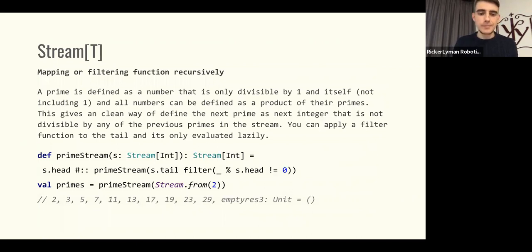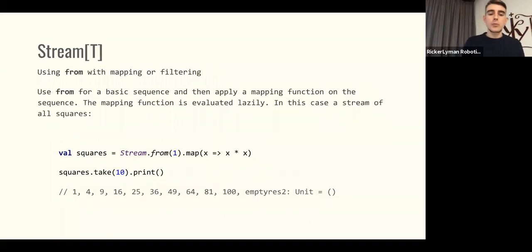Yeah. Sorry? From? Yeah, so from is the syntax of defining the infinite stream of natural numbers. Well, when we say Stream.from(1), the stream of natural numbers is created, but it is not computed.